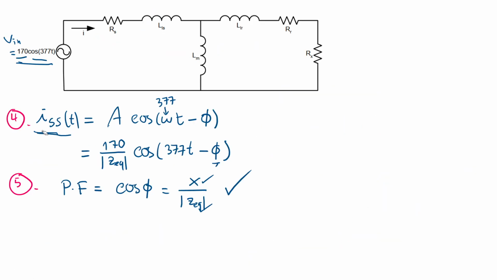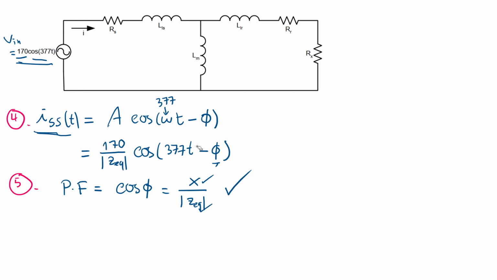Then step 4, find the steady state current. The steady state current is just amplitude times cosine, because the source here is cosine, right? Cosine omega t from the source. But for the current, of course, it has a phase shift.